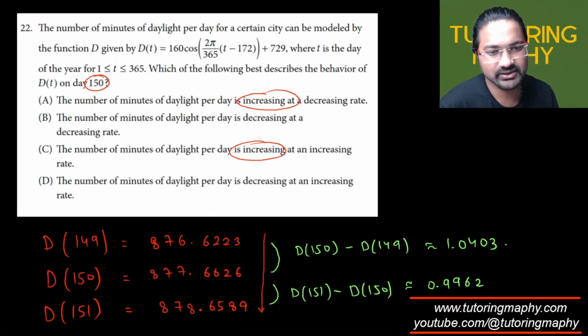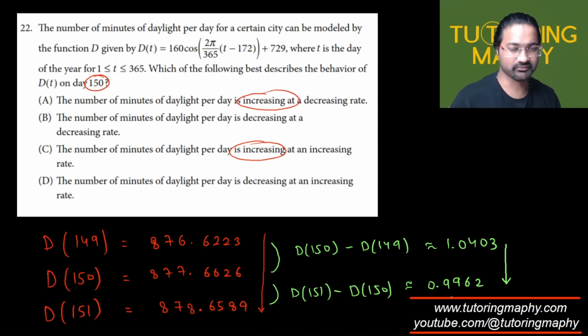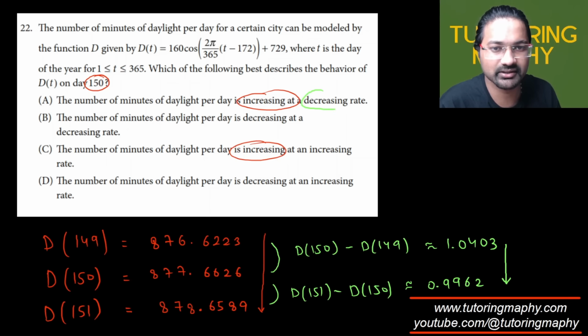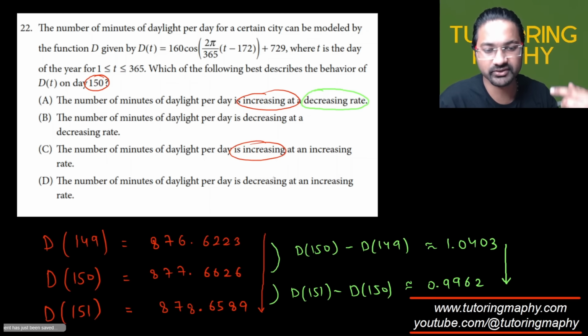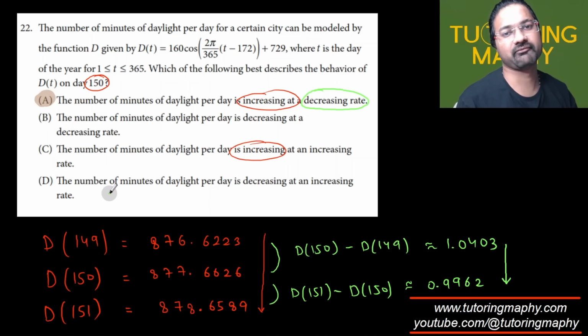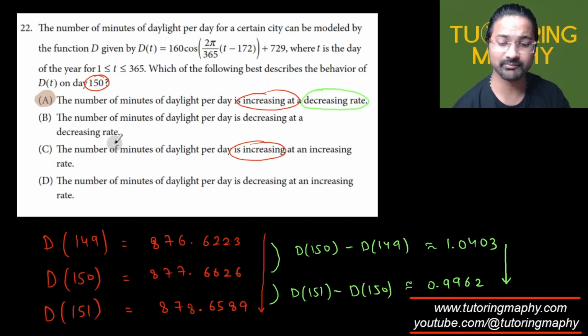So obviously this difference is decreasing, which means that the rate is also decreasing. The consecutive difference just gives us the rate at which it is happening. So since the difference is decreasing, the function is increasing because the y values are increasing, but at a decreasing rate. So it should be option number A over here. That's the final answer. Hope that makes sense.